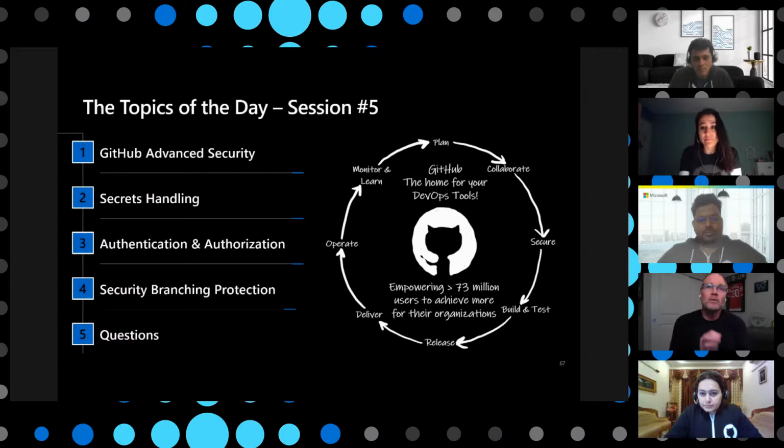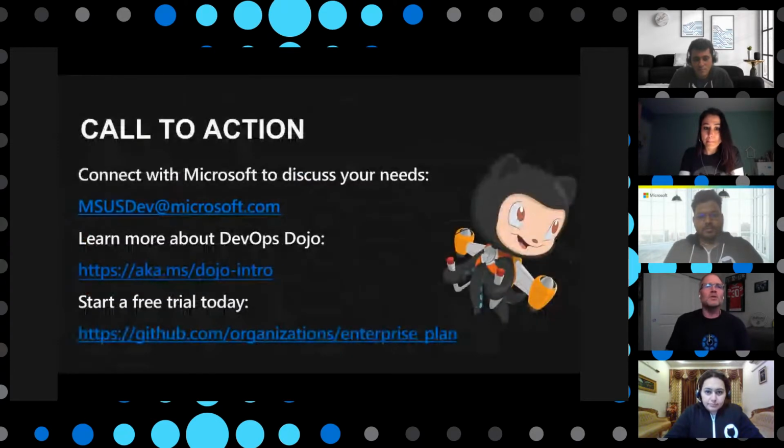We'll talk about how to manage those secrets since we don't want them hard-coded in the files you keep in your repos. Then we'll discuss authentication and authorization, and leveraging branch protections as part of your security plans. And of course, we'll have our subject matter experts available to answer your questions.